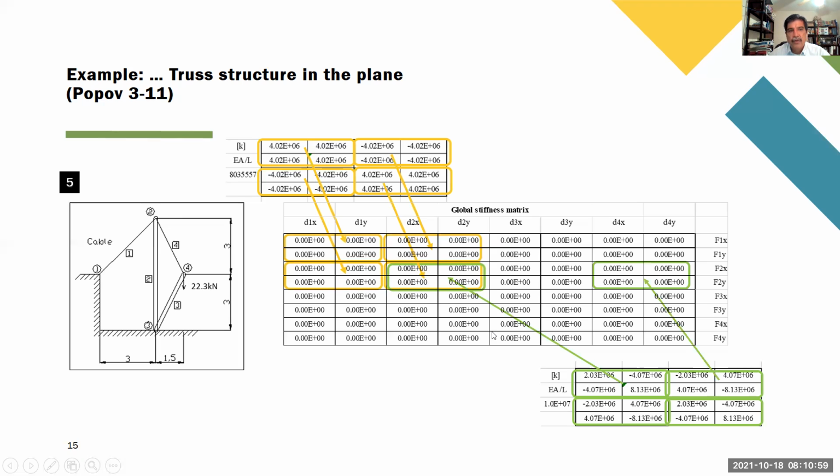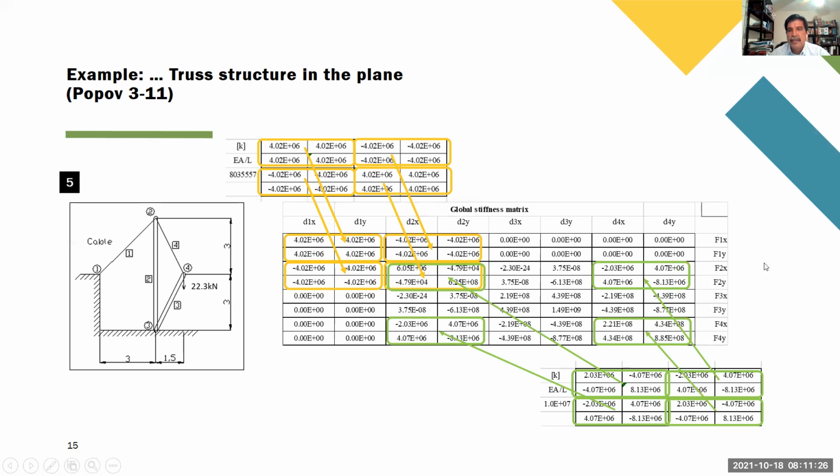And this is for the fourth, I'm sorry, I'm talking about the fourth element, because this is multiplied by the displacement of the fourth joint. Now, for the forces of the fourth joint, here and there. So we take these values and add them to the values that we had before in the global stiffness matrix. So that's the result.